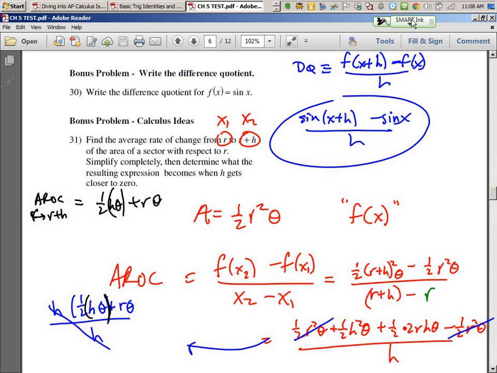All right, so that's the test. That was a hard one. And then they asked us what would happen if h gets closer to 0. So what would happen to 1/2 h theta plus r theta if h went close to 0?